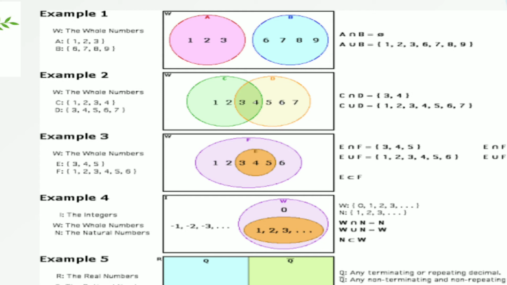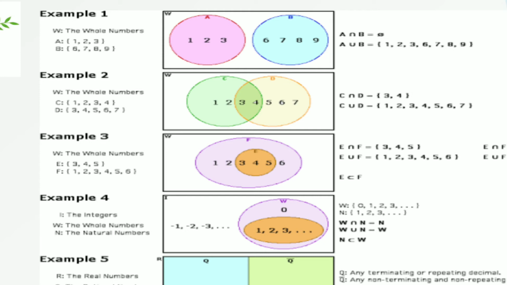Set A consists of 1, 2, 3, and set B consists of 6, 7, 8, 9. Here we are solving A intersection B and A union B. In an intersection, there is no common term between set A and set B. So the intersection is empty.